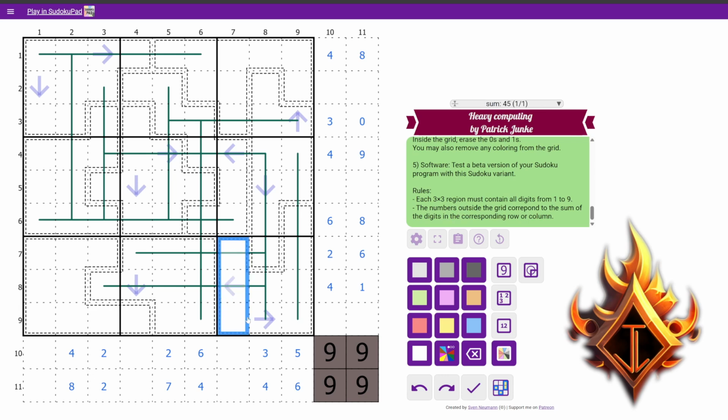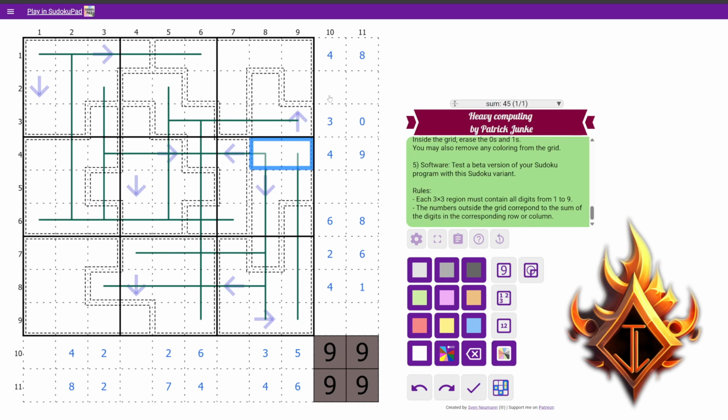So the 3x3 boxes are regular Sudoku 1 to 9 normal. The rows and columns are obviously not going to be normal in any way, because we had totals of 68, 27, etc.